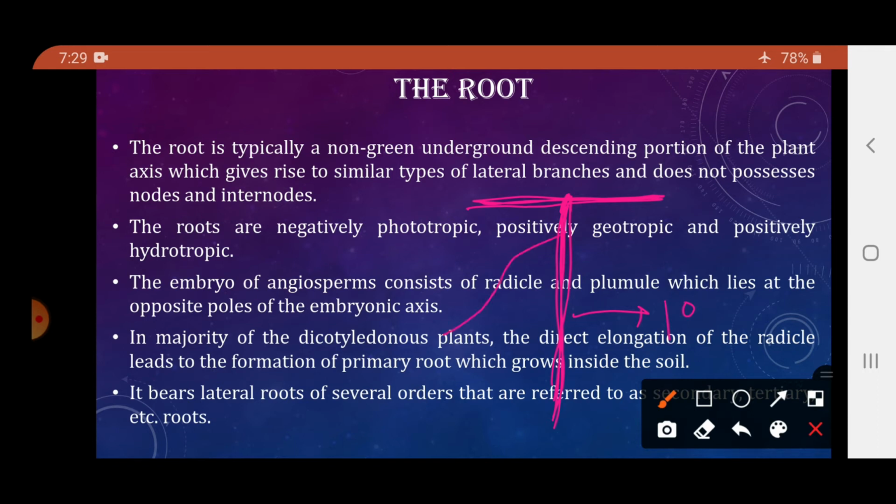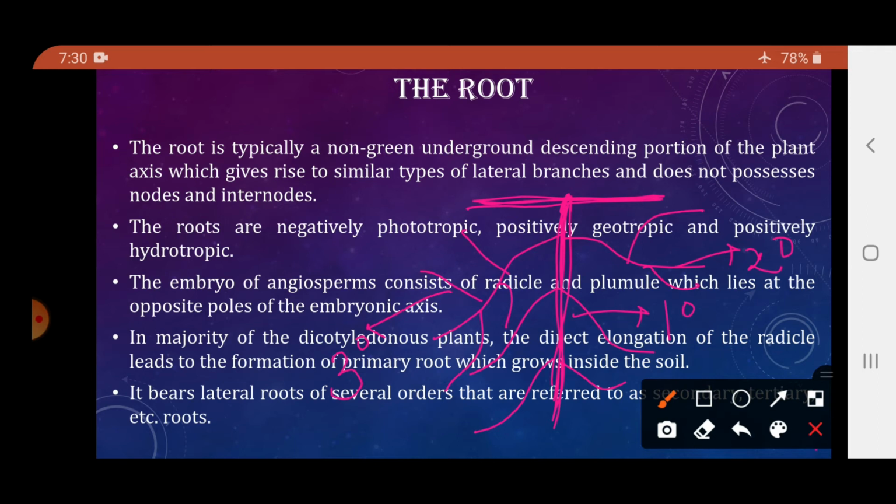Now ये प्राइमरी रूट लेटरल साइड्स में क्या बना रहे हैं? ब्रांचेस. So प्राइमरी रूट में से जो डायरेक्ट ब्रांचेस आते हैं, इसको बोलते हैं क्या? सेकेंडरी रूट्स. अभी ये सेकेंडरी रूट भी ब्रांचेस बना रहे हैं. So what are these roots called as? These are called as the tertiary lateral roots.